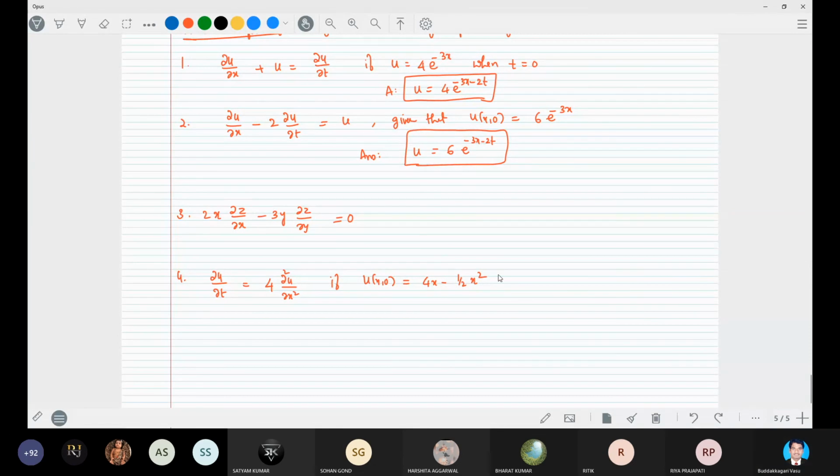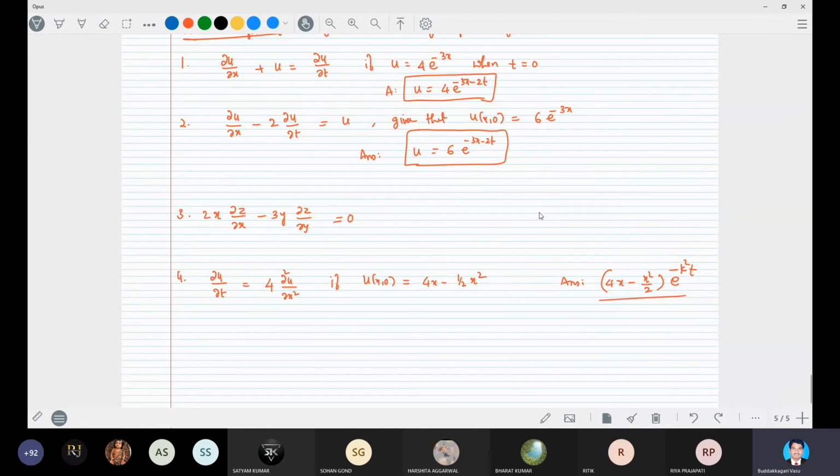Do them. Its answer is: for 4 into dou square u by dou x square, the answer is 4x minus x square by 2 into e power minus k square into t.